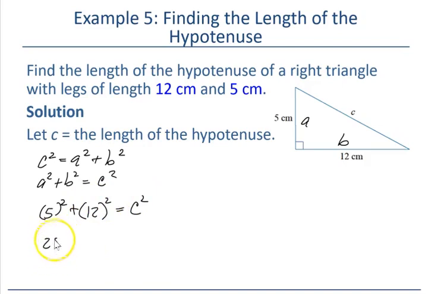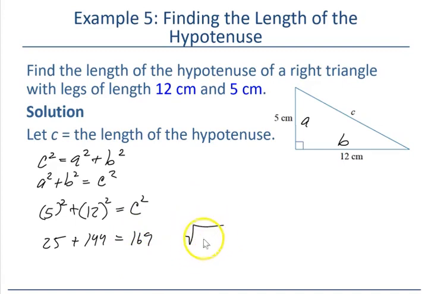Well, 5 squared is going to be 25. 12 squared, you can do it on your calculator, but just know it, it's going to be 144. Whenever I add 25 plus 144, I get 169. Well, that doesn't look right. Notice what I need to do now is take the square root of this number right here.